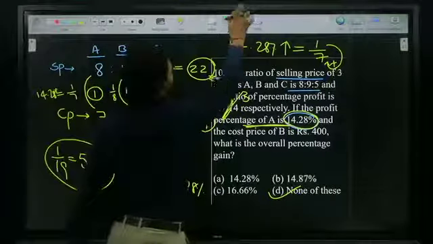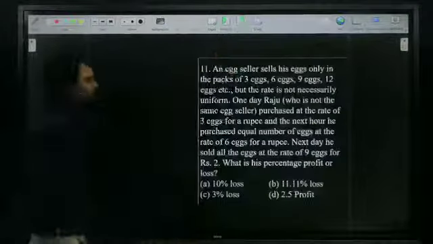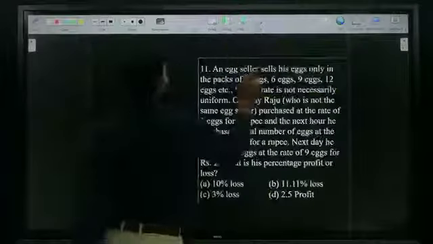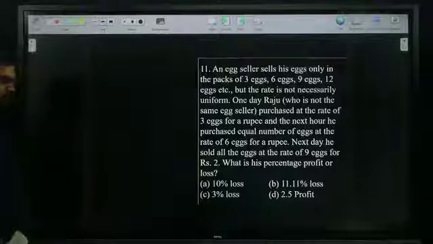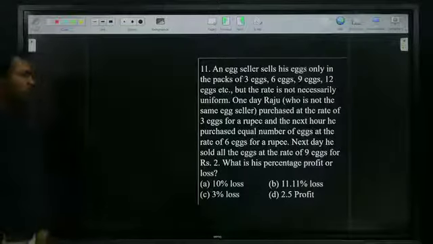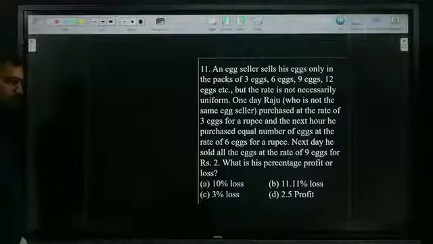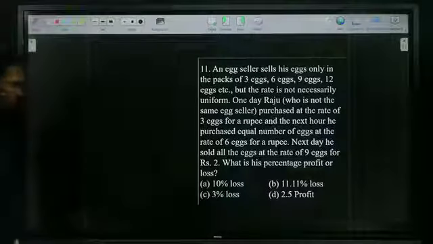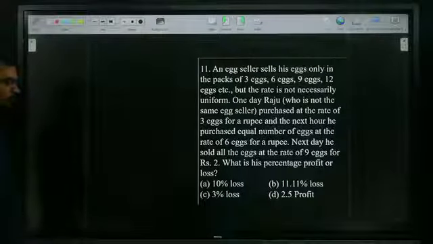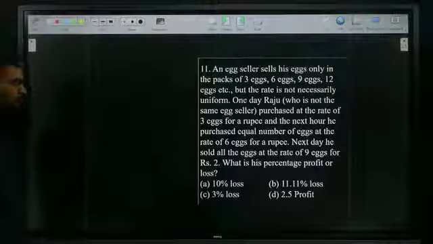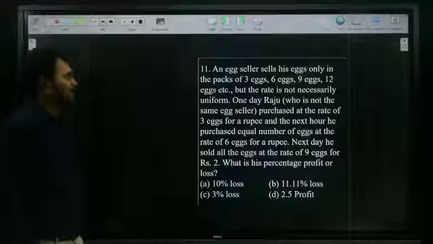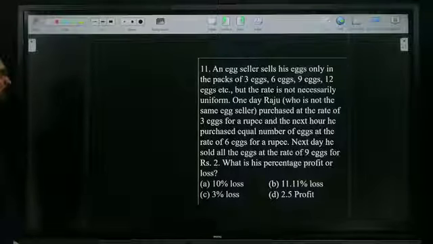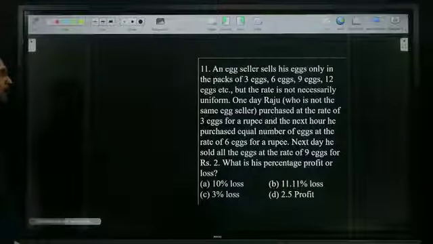So next question. Look at me, all of you. In Excel, cell C is X only in packs of 3x, 6x, 9x, 12x, etc. But the rate is not necessarily uniform.